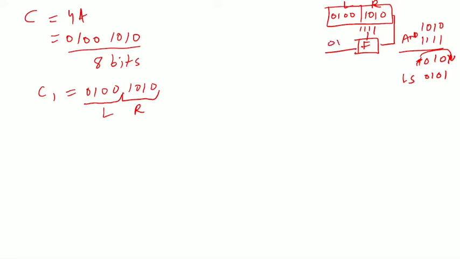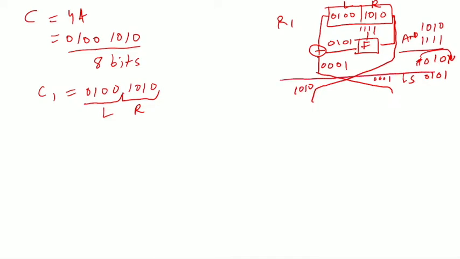We'll put this as the output of the round function, 0, 1, 0, 1. And then we XOR this with the left half. This gives us 0, 0, 0, 1. Then we swap these. This becomes the new round's right half, and the right half, as is from the previous round, comes here. We have 1, 0, 1, 0. This is round 1.